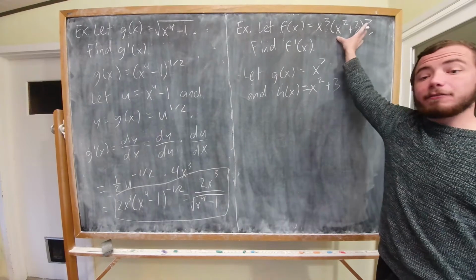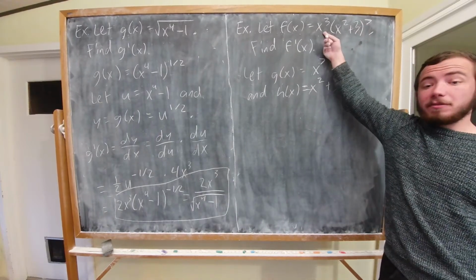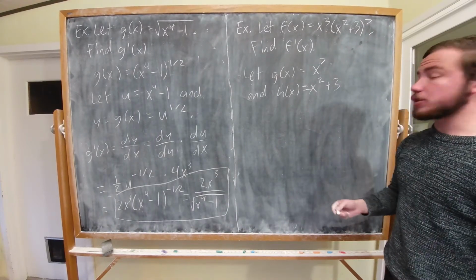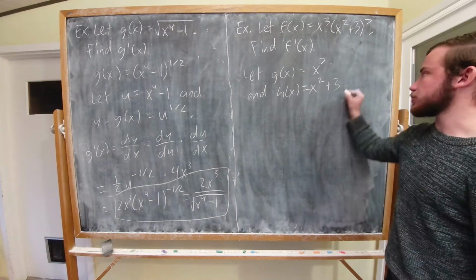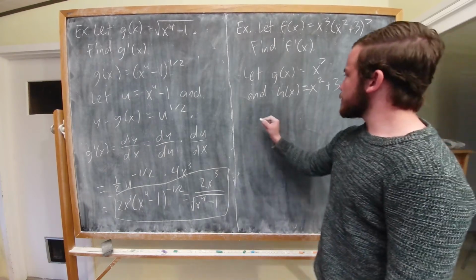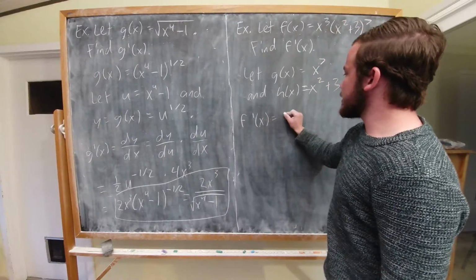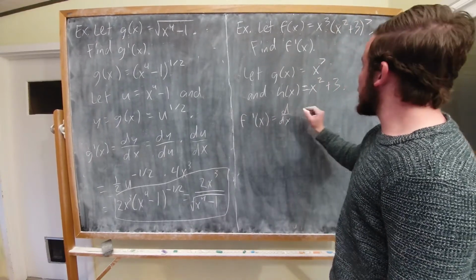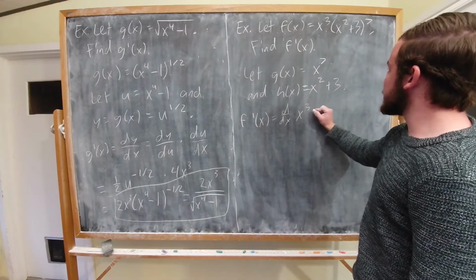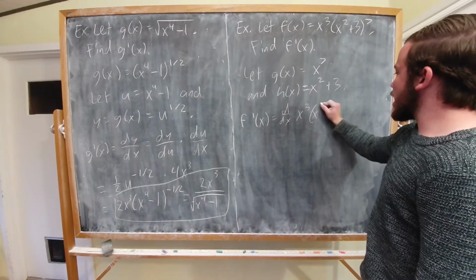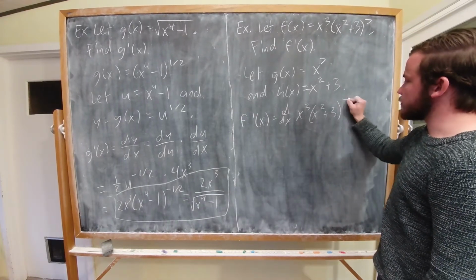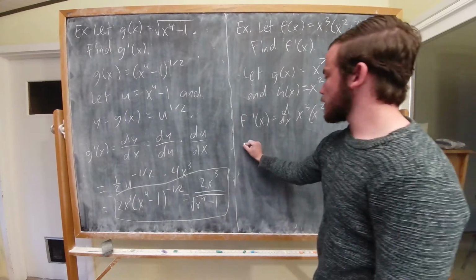So we're taking care of this chunk, and you might say, well, what about this part right here? That's going to be dealt with by the product rule. So f prime of x is the derivative with respect to x of x cubed times x squared plus 3 to the 7th power.